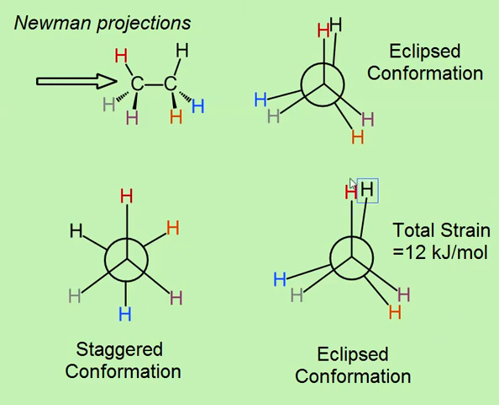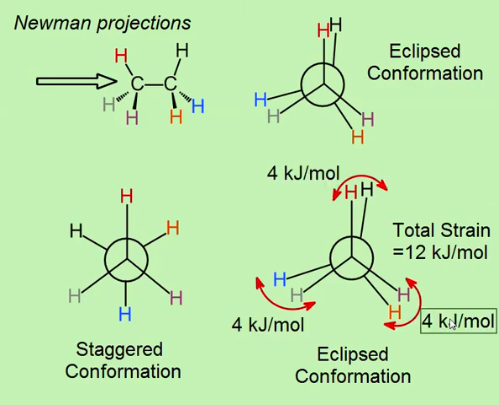Now the source of this strain must be the eclipsing of these CH bonds behind each other, and with 1, 2, 3 of them, that 12 kilojoules per mole of strain energy must be divided between all 3 of these CH eclipsings. So it gives us a first kind of strain.